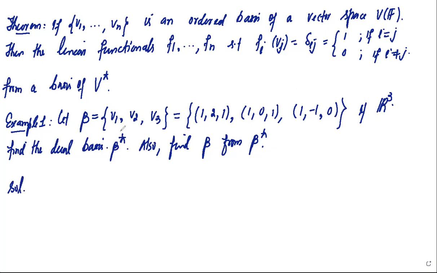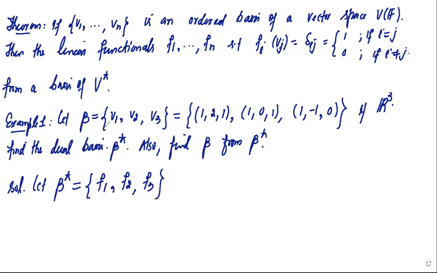And we will do the solution of this exercise by just using this theorem and this definition of the linear functionals, which are defined on these vectors of the ordered basis as Fi of Vj is equal to delta ij. So by definition, let beta star be the set of linear functionals F1, F2, F3.